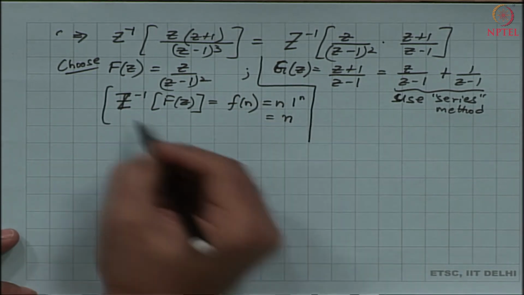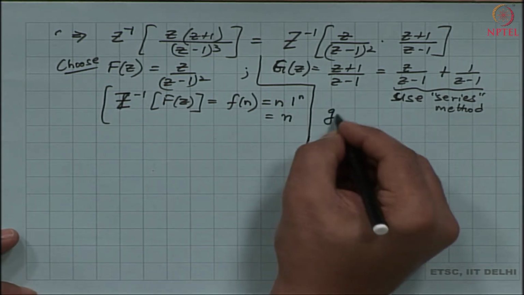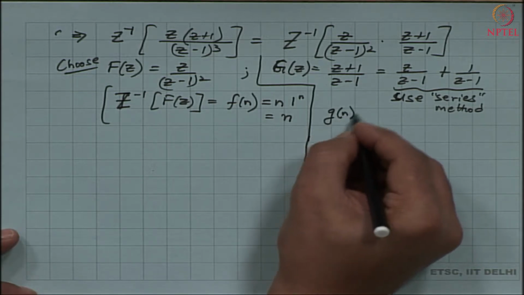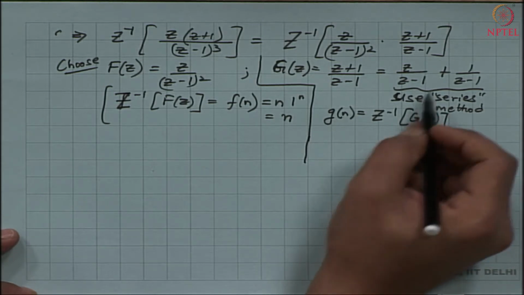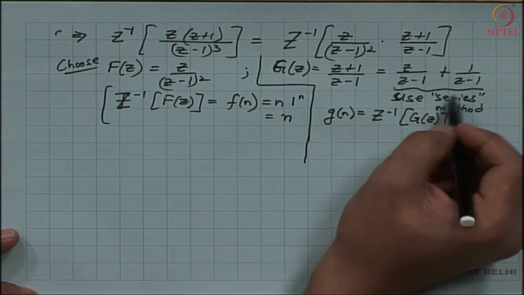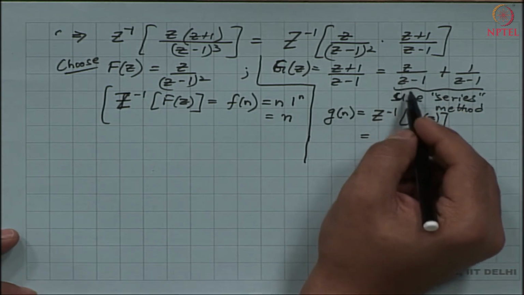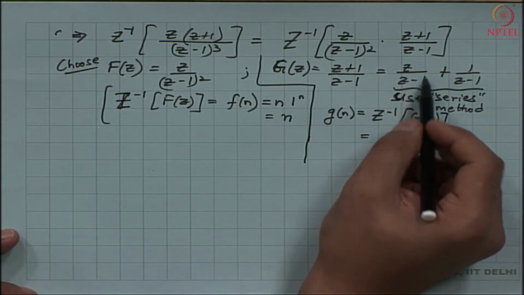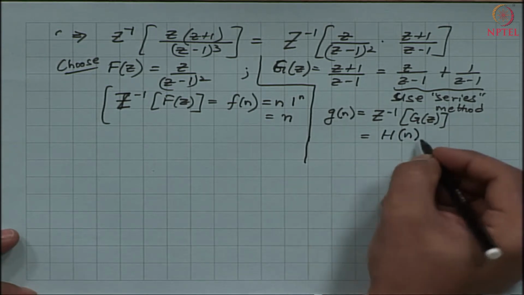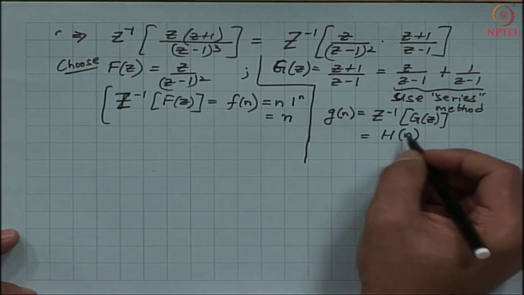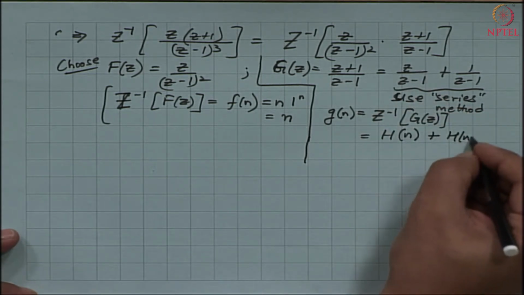So, here my function g of n, which is the inverse transform of G of z, will be the inverse transform of these two rational functions. Using the series method, I find the coefficient of z to the power negative n, and those are respectively the Heaviside function h of n for the first one, and h of n minus 1 for the second.